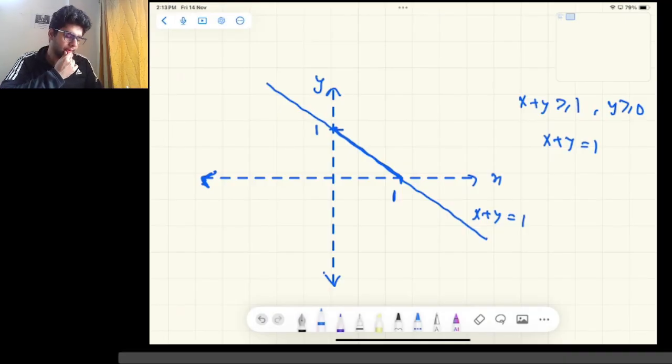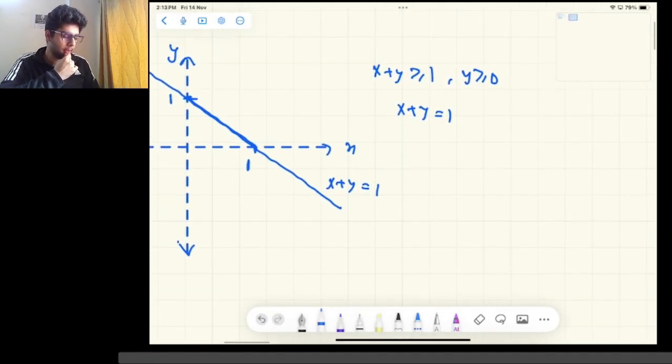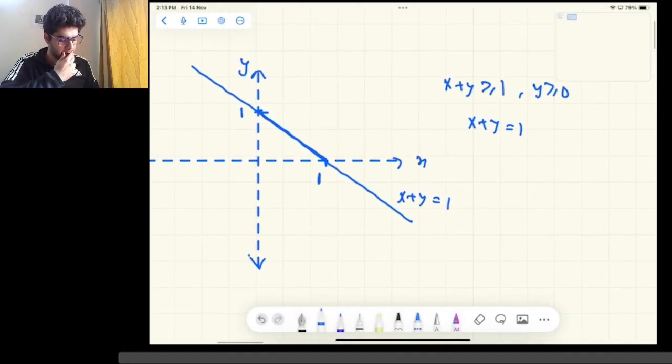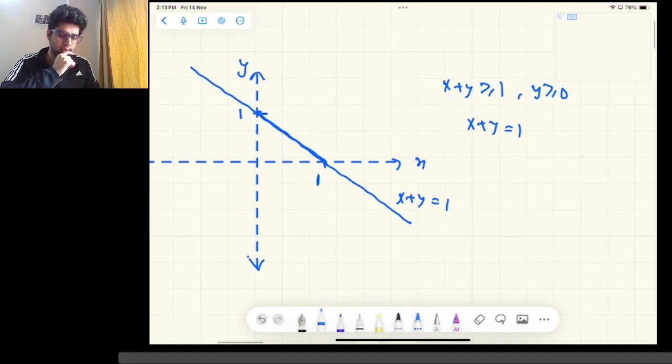Also, is it possible that x is negative, y is greater than or equal to 0, and the sum equals 1? It is possible. If x is minus 1 and y is equal to 2, then our sum will come out to be equal to 1.